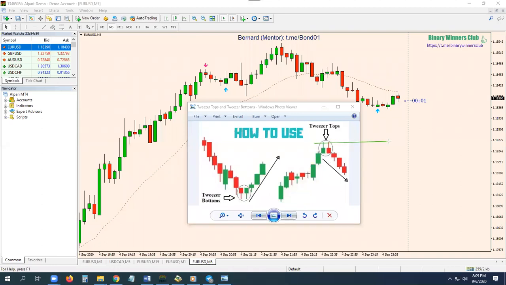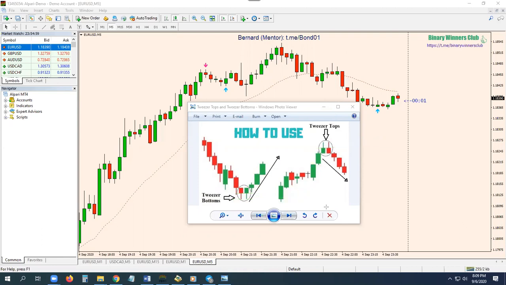These are resistance levels. You could make a zone from the body to the wicks. That creates a resistance zone. The bottoms of the tweezer bottoms, from the body to the lower wick, create a support zone. And when the market comes to those levels, you are likely to see a reaction.